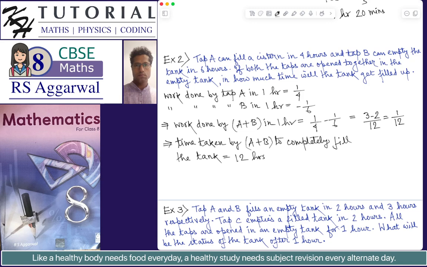Because the concept is that if the work done in 1 hour is 1 by n, where n is positive, then the whole tank will be filled in n hours. And if we know that the work done in 1 hour is minus 1 by n, then the whole tank can be emptied in n hours. So the answer is 12 hours.